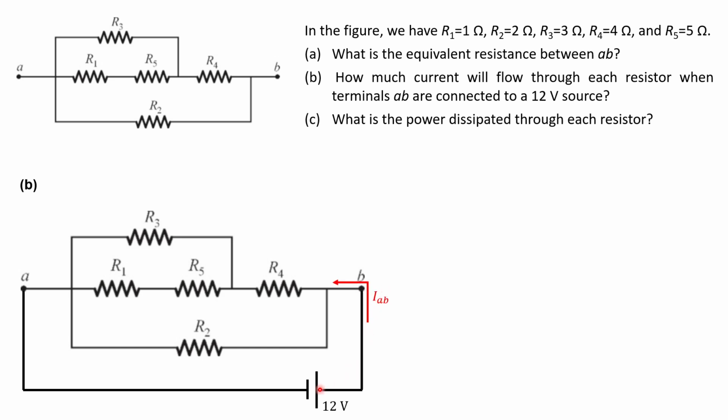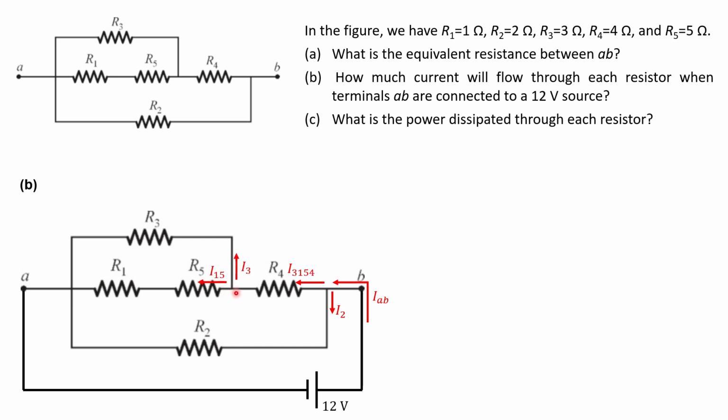What happens to the current that leaves the battery and reaches this junction point? Well, it will split into two different parts, right? The one that's going to go through this part of the network and the one that's going to go through resistor 2. So we're going to denote them I sub 3154 and I sub 2. And what's going to happen to this current when it reaches this part of the network?